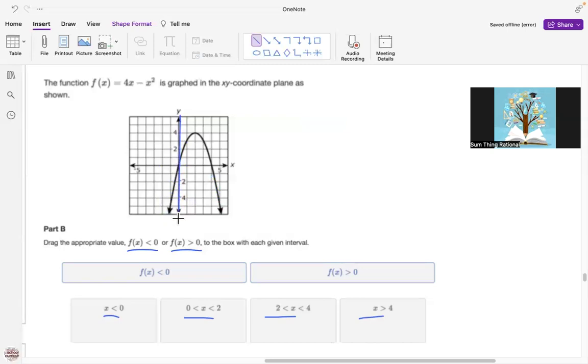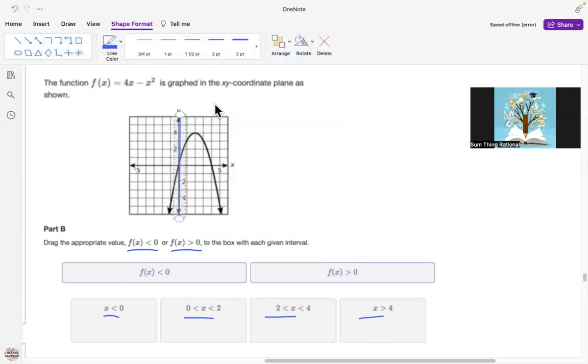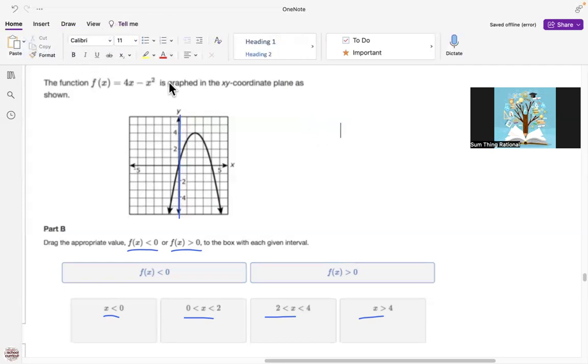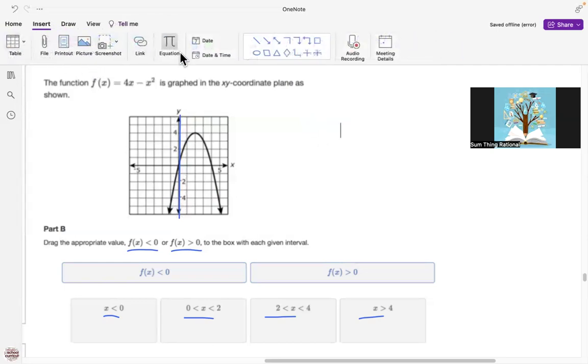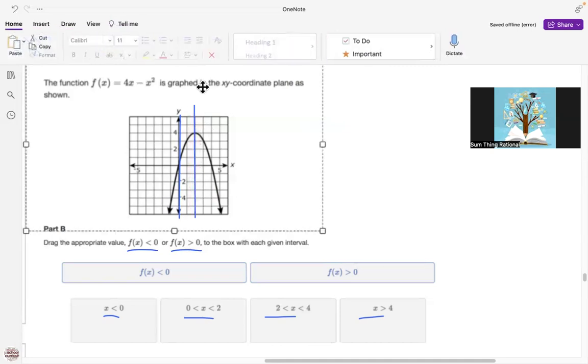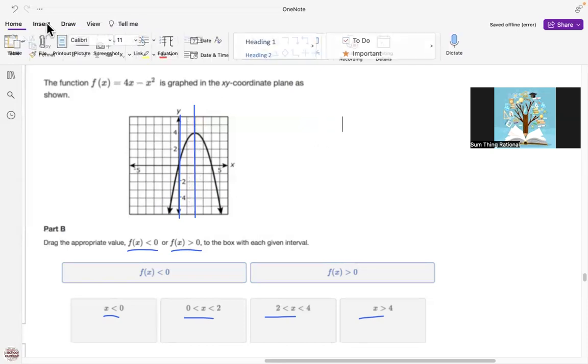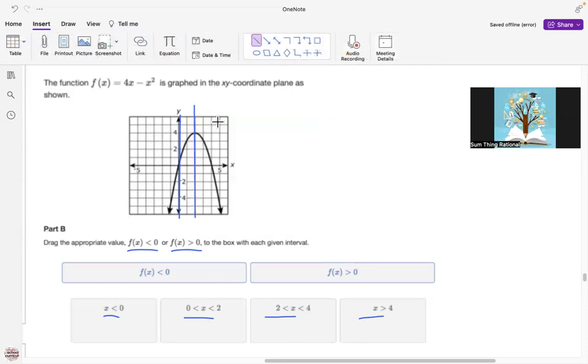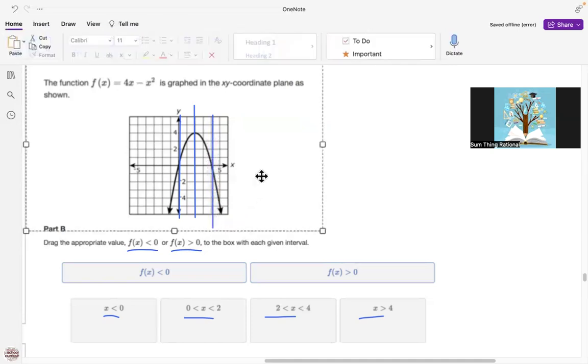The other interval is 0 to 2, and the next interval is 2 to 4, this interval. We can take it a little bit left, no problem. And the fourth interval is this side.